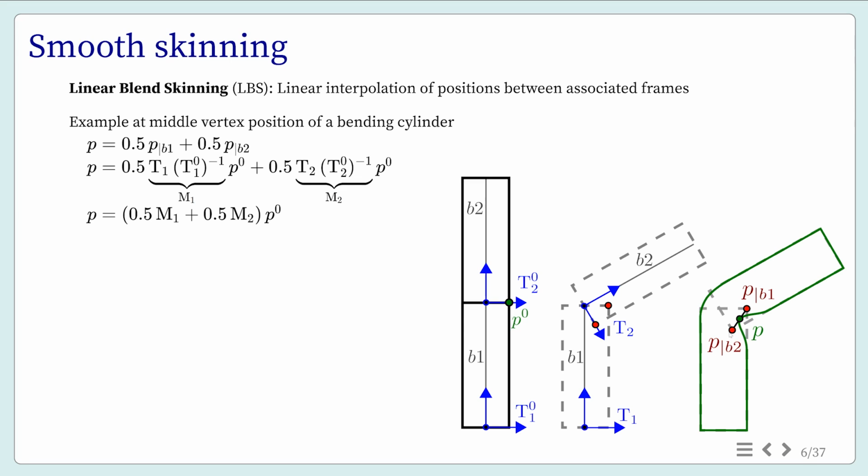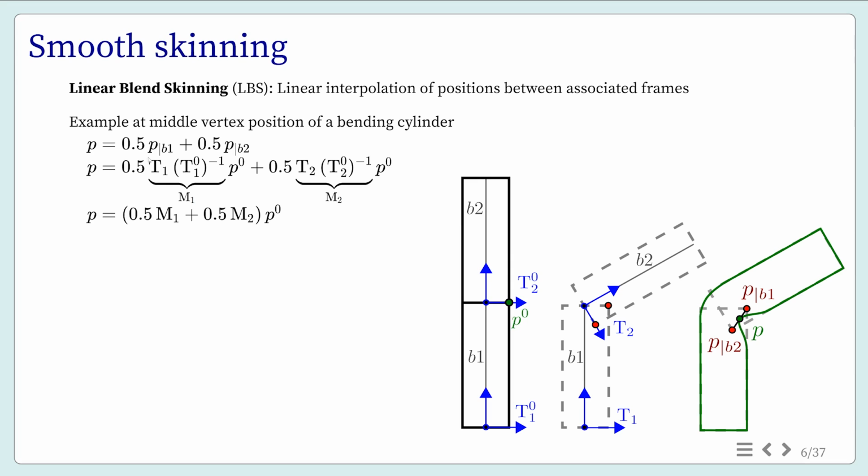And basically the idea behind linear blend skinning is to linearly interpolate between these two positions, P with respect to B1 and P with respect to B2. As this position is really between the two parts of the cylinder, we can say that we take the in-between position, like half P with respect to B1 plus half P with respect to B2.